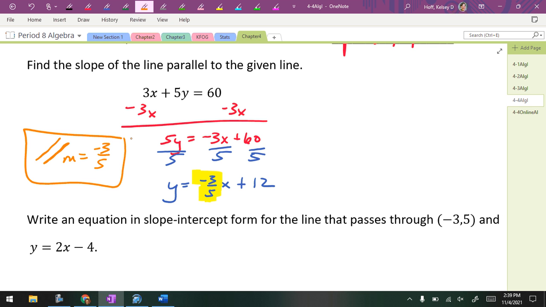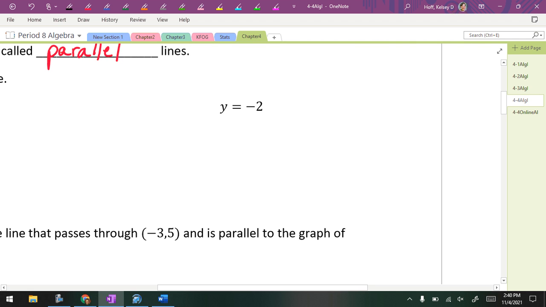All right, let's see if our brains hurt. Y equals negative 2. Is it 0? Or is it undefined? There's no x, so it would be a perfectly straight line. No, it's not undefined. All lines are perfectly straight. Is it vertical or horizontal? Horizontal.